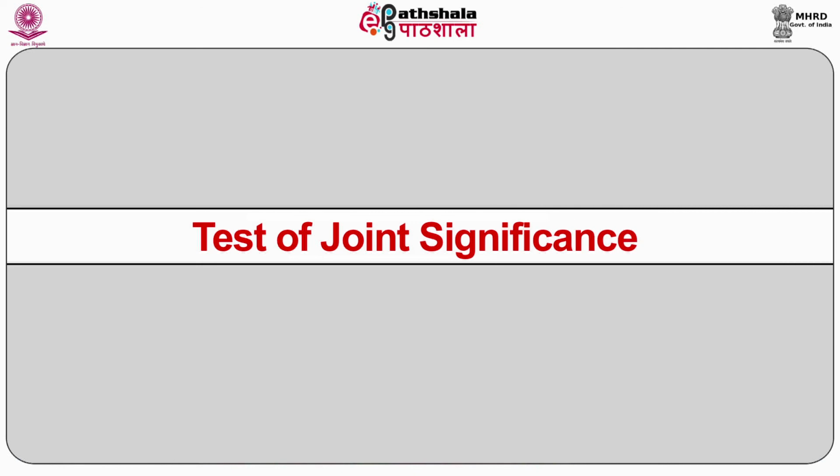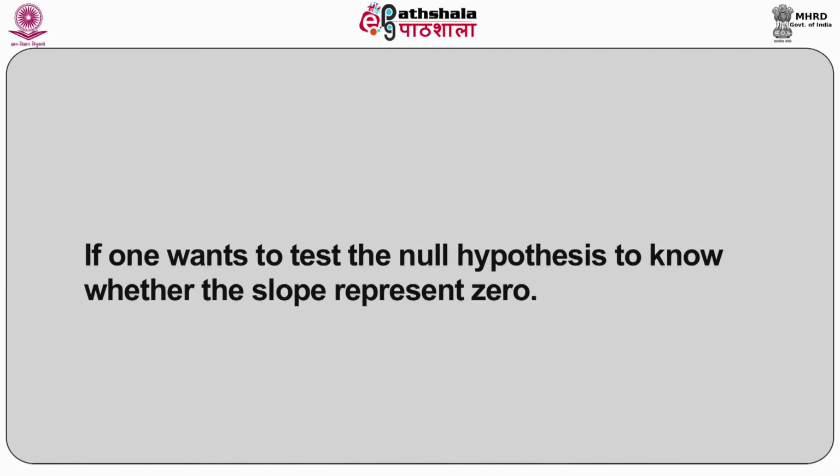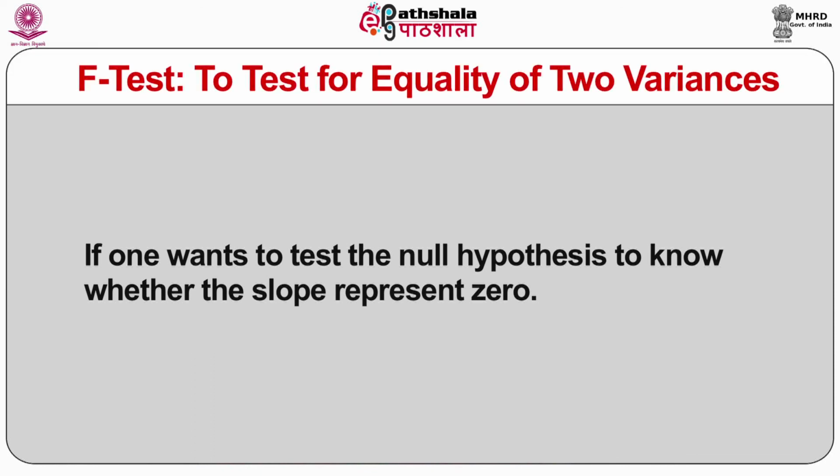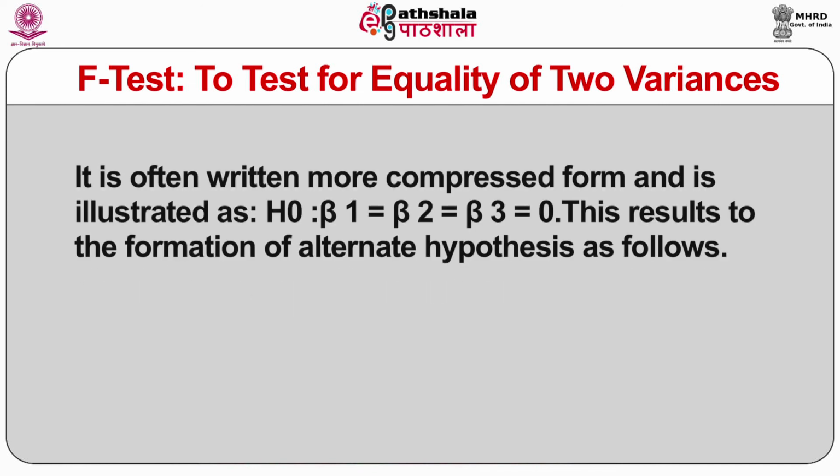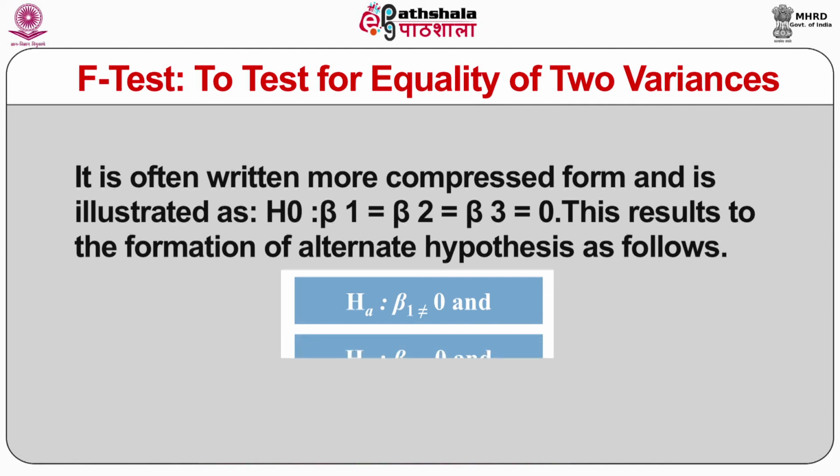Now friends, we take on the test of joint significance. If one wants to test the null hypothesis to know whether the slope represents 0, it is often written in a more compressed form and is illustrated as null hypothesis B1 = B2 = B3 = 0.